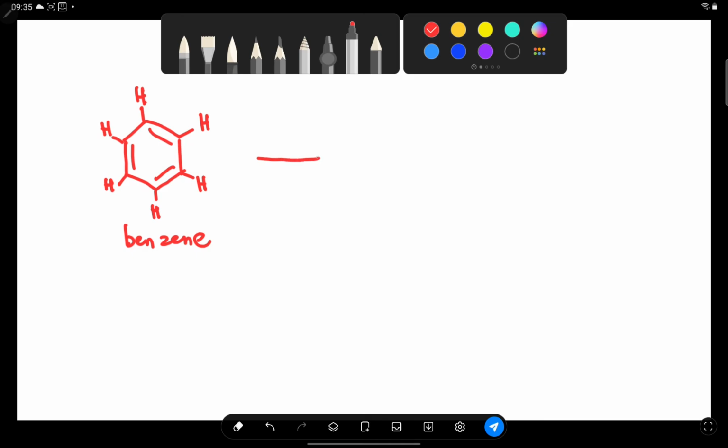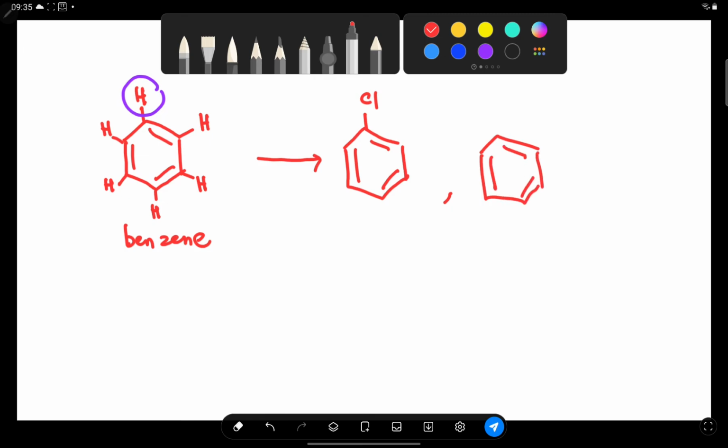So what happens when we substitute this hydrogen with, let's say, Cl, and in another one we substitute this hydrogen with a nitro group, let's say.